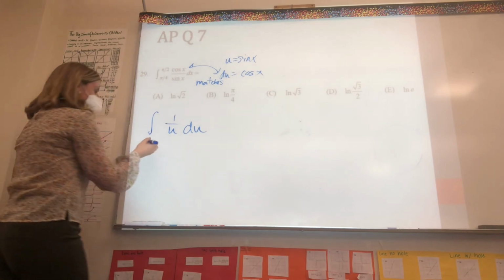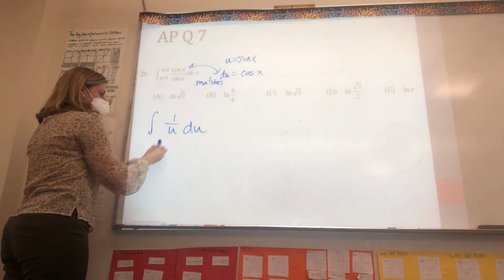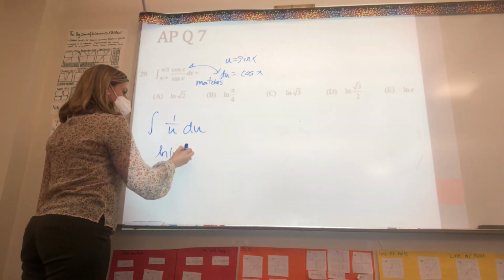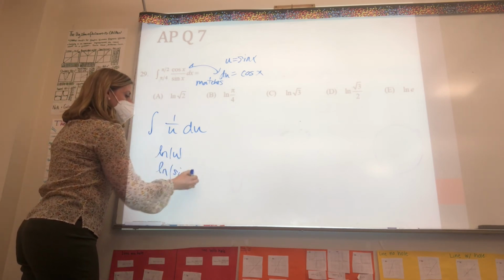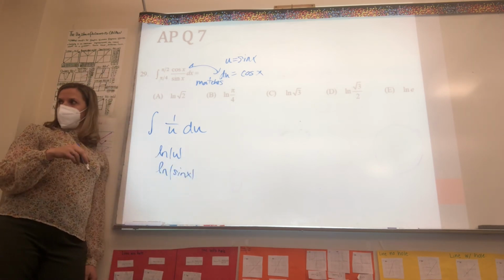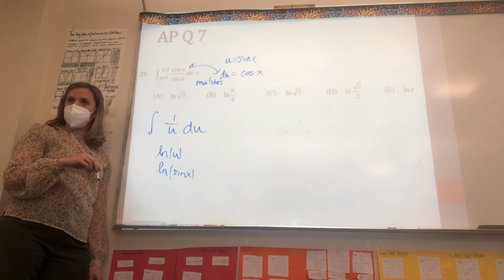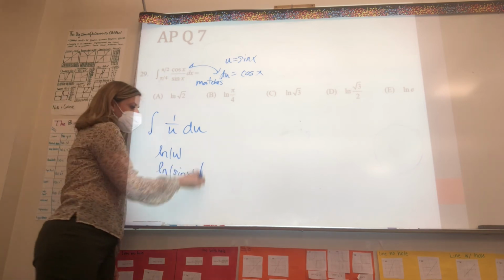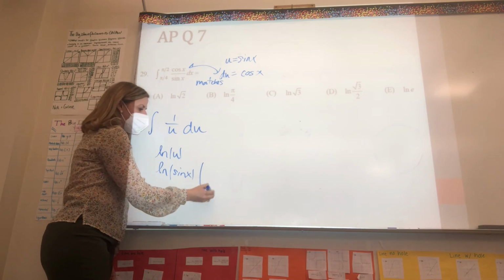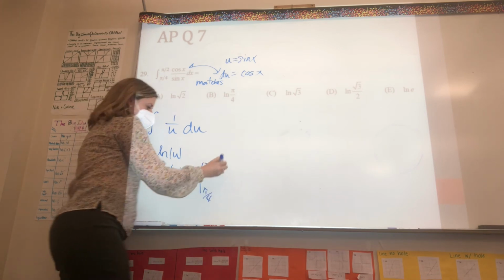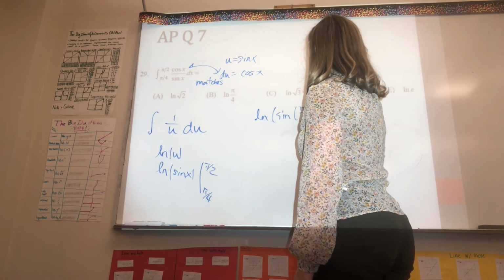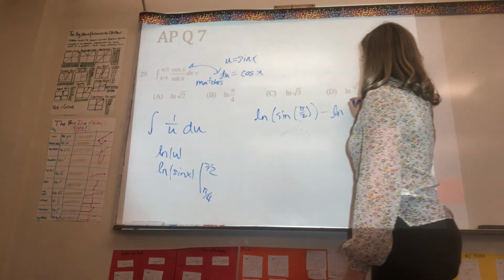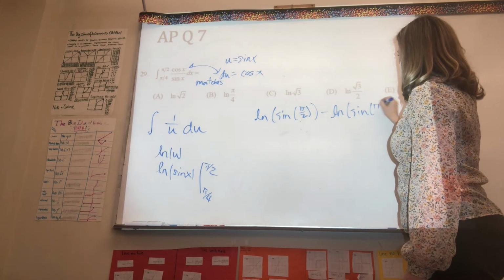So you get ln of u. So you get ln of the absolute value of sine x from pi over 4 to pi over 2. If you made it that far, that's actually a lot of learning and complicated stuff. So you substitute in, and you get ln of sine of pi over 2 minus ln of sine of pi over 4.